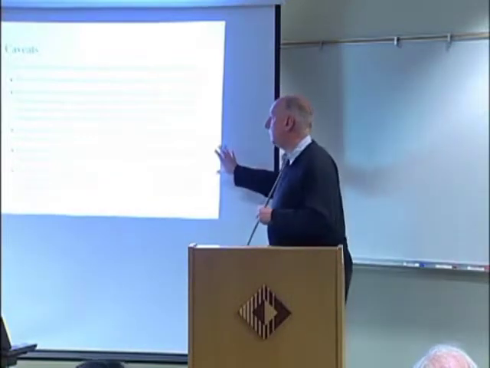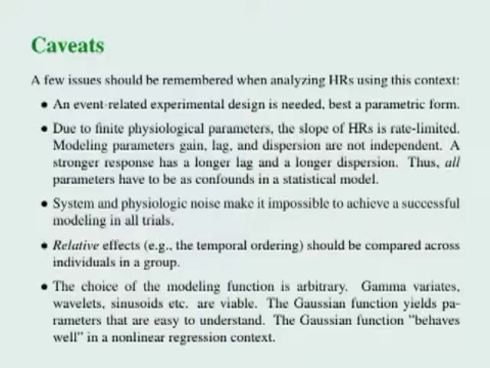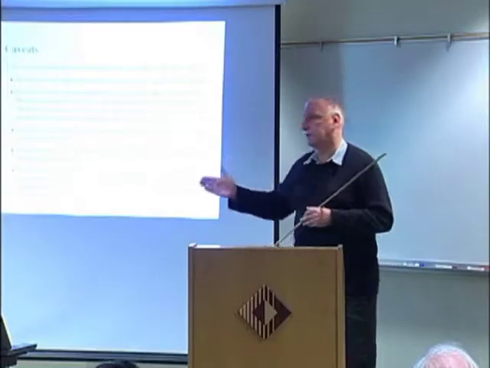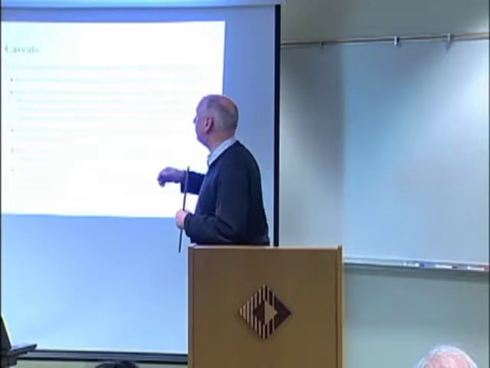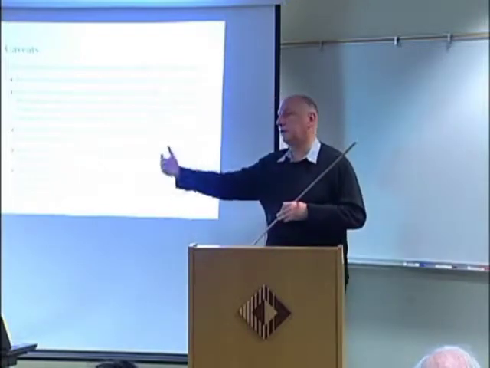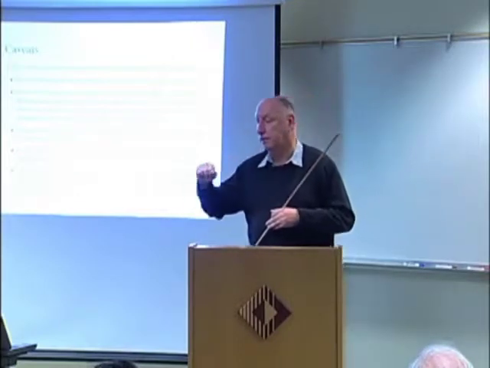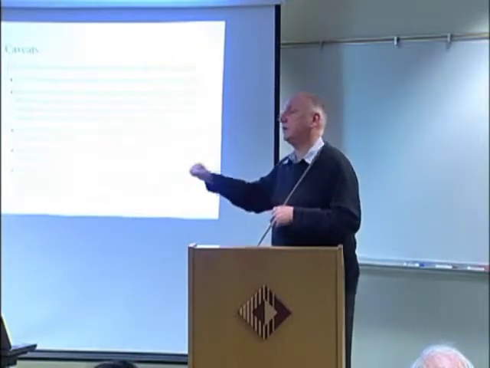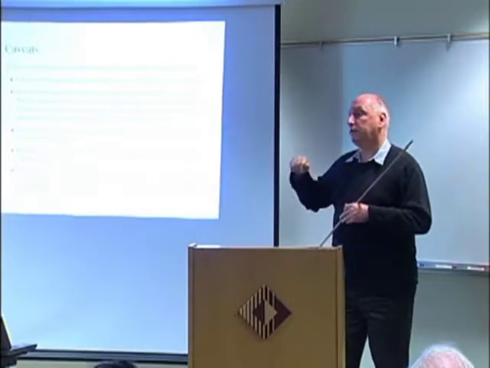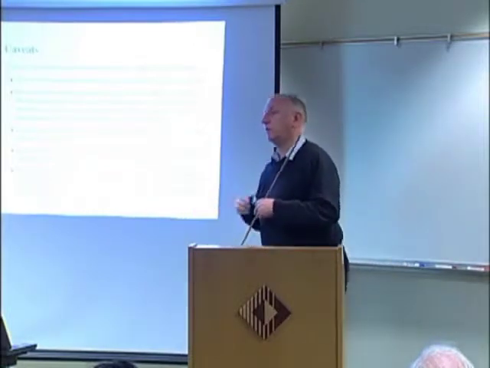Important to remember is that we are looking for relative effects. It does not make sense to compare absolute lag times between individuals because they are highly different. What we are looking for is a shift in the lag time with respect to experimental conditions in a specific individual. And we want to replicate this in another individual.